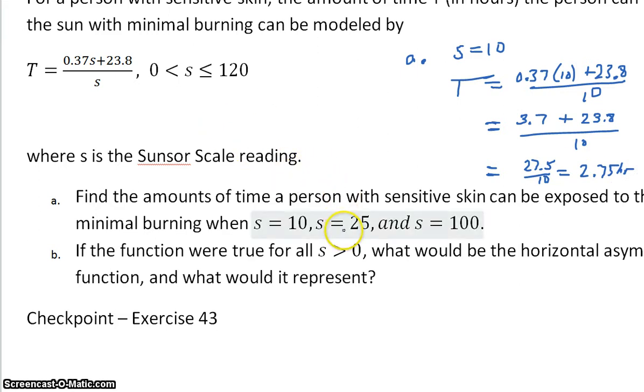Now if you plugged in 25 and 100 into the same thing, you would get two different times. Now if you have a Sunser rating of 25, you get about 1.32 hours. And if you go for 100, if you have that rating, it's 0.61.